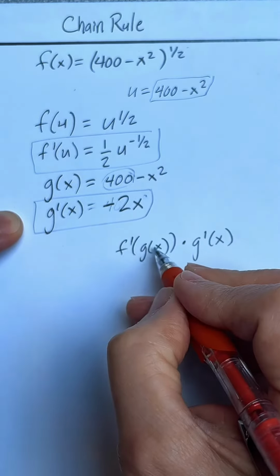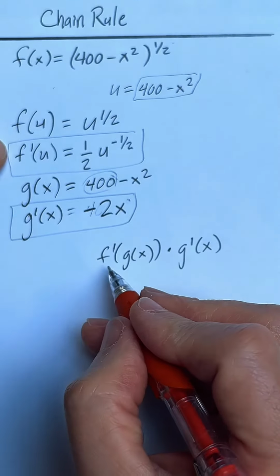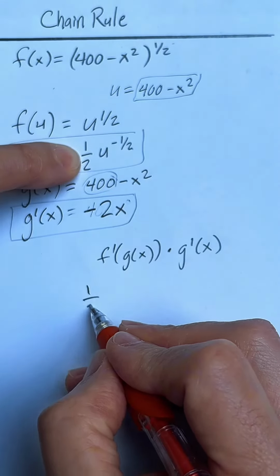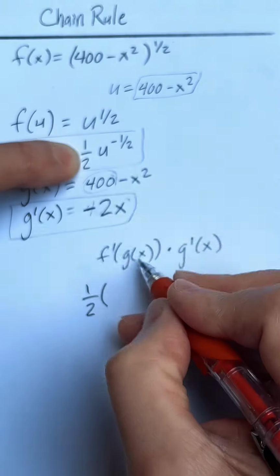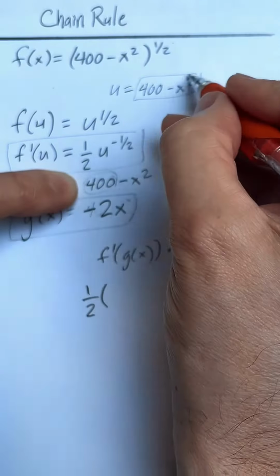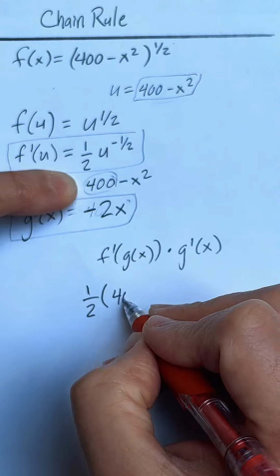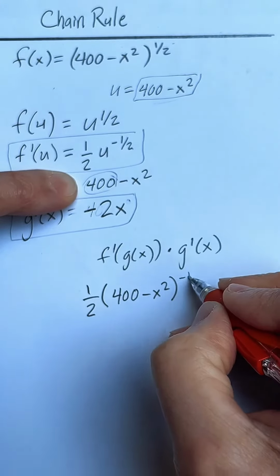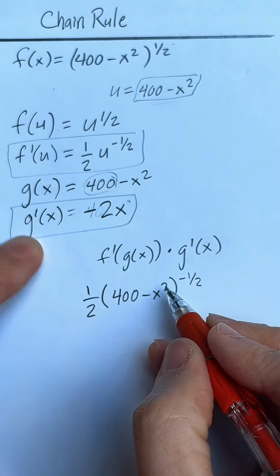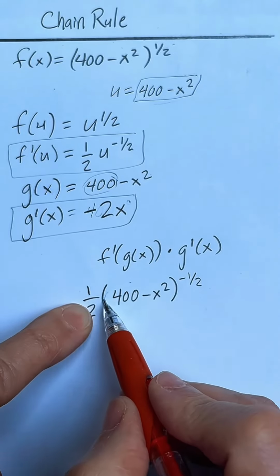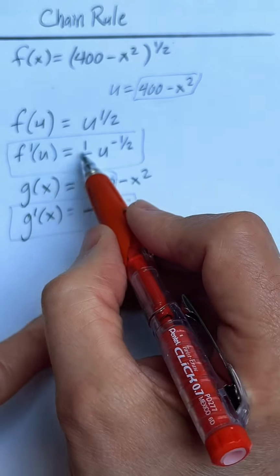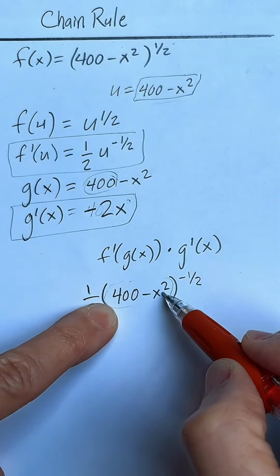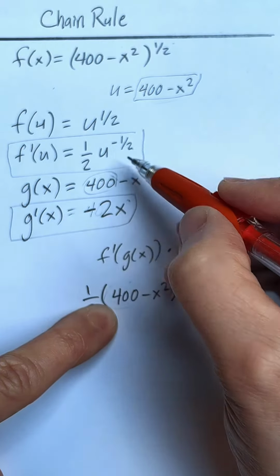So let's assemble that. Let's take f prime of u and just put that down, 1/2. And instead of u here, let's actually put what u equals, the 400 minus x squared to the negative 1/2. So you can hopefully see that this is basically just replacing the u here. 1/2 u, which is 400 minus x squared, and then you got the minus 1/2.